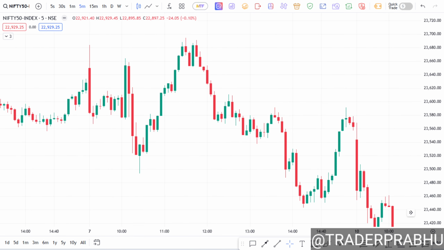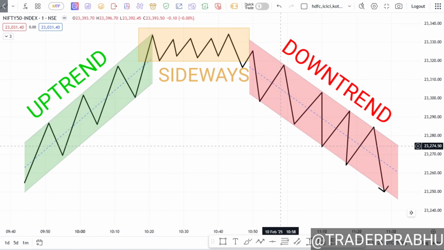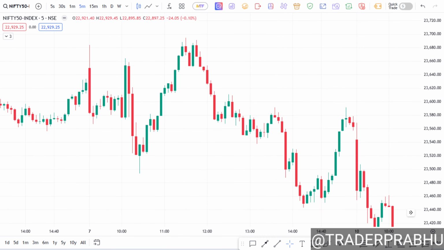Now, let's start with a story. In part 1, we learned how the market moves like a road trip with uptrends, downtrends, and sideways phases, right? But what happens when the road suddenly changes?